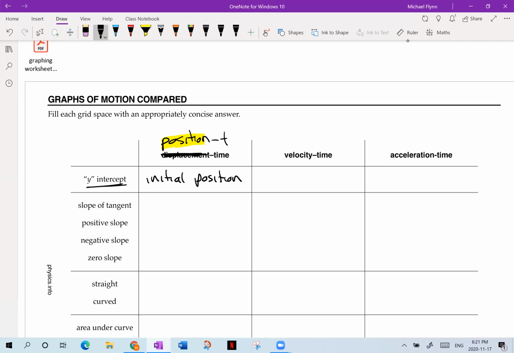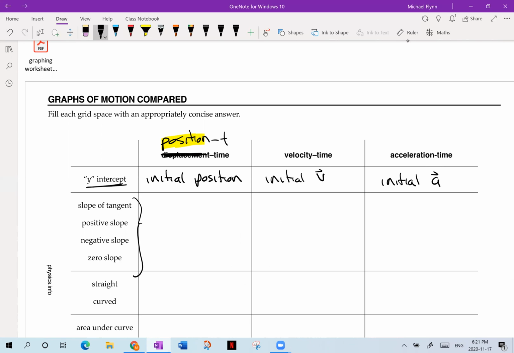And of course, on a velocity time graph, it would represent the initial velocity. See, the y-intercept happens when x is 0, but here we have when time is 0. Well, that's the initial condition, right?